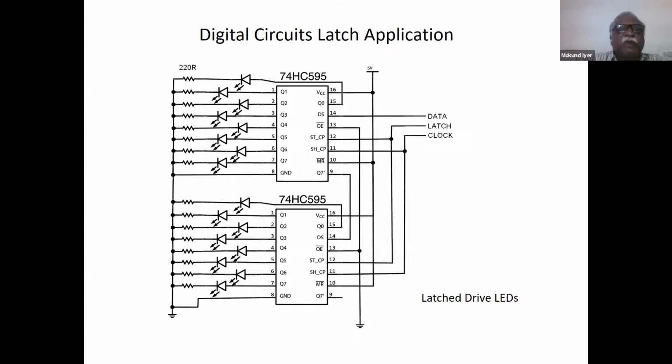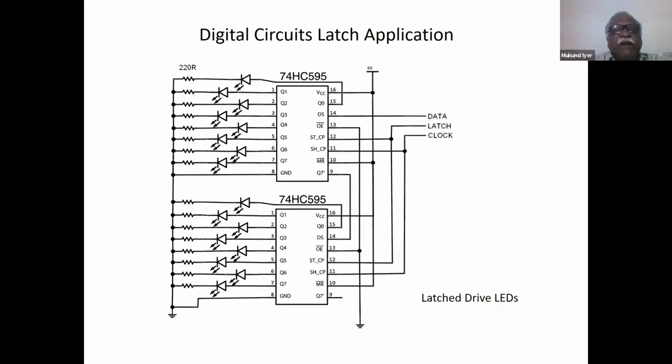Now here, you see the digital circuit latch application, as Dr. Sir just pointed out about the latch function. Basically it is a latch, but this is a dedicated IC manufactured by semiconductor manufacturers all over the world. This is what we call a serial to parallel decoder and latch.